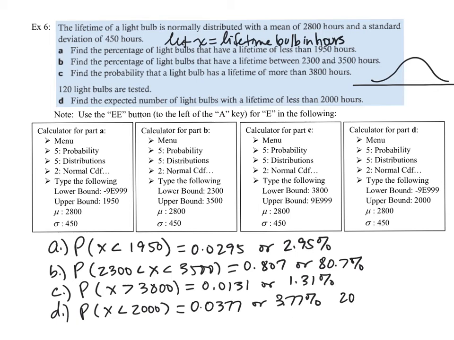So we're going to take 120 times the probability of 0.0377, and the result is 4.53, but we're talking light bulbs. You're not going to have half of a light bulb, so you could say either 4 or 5 light bulbs. There's our answer.